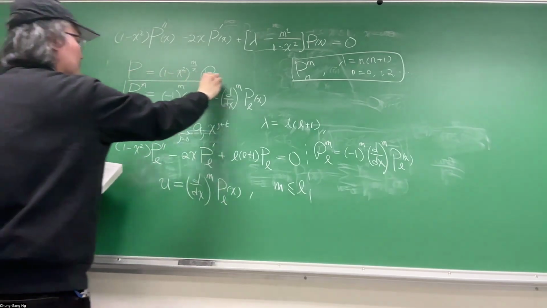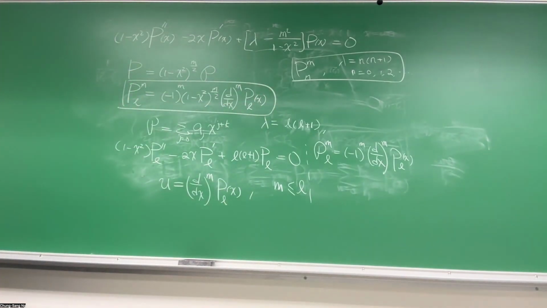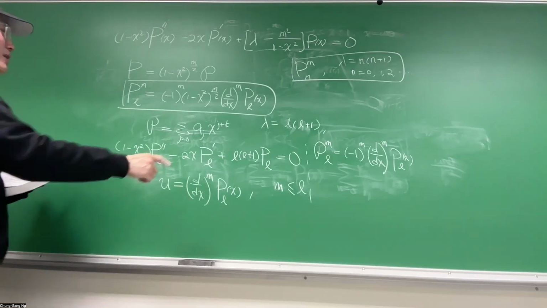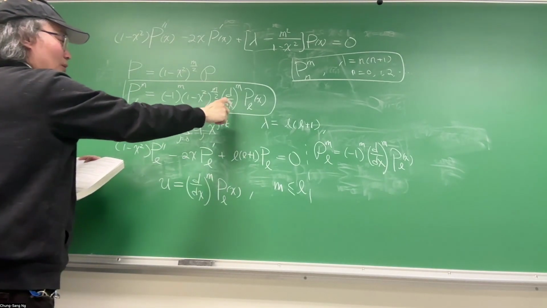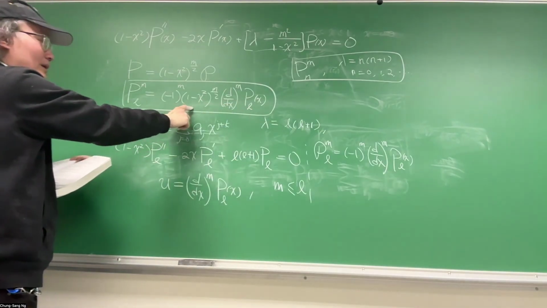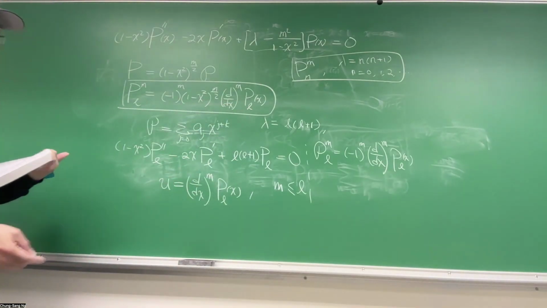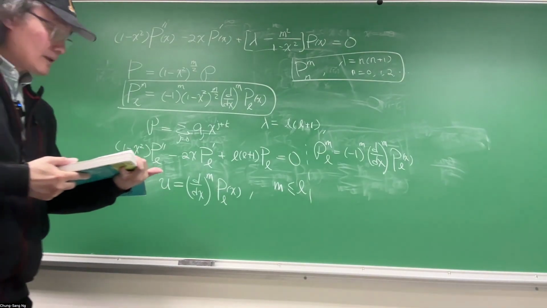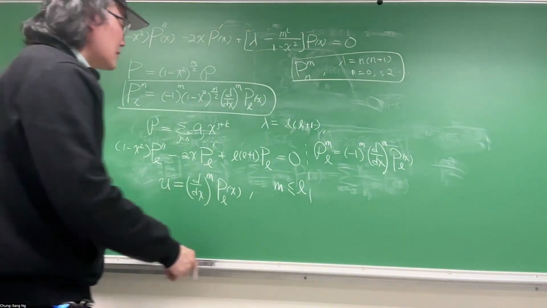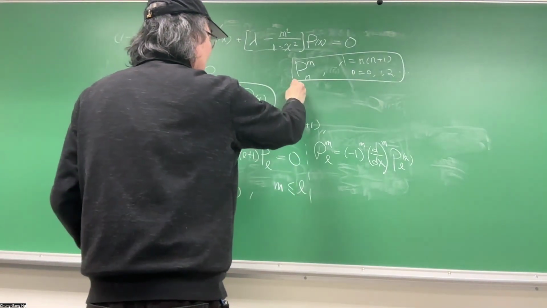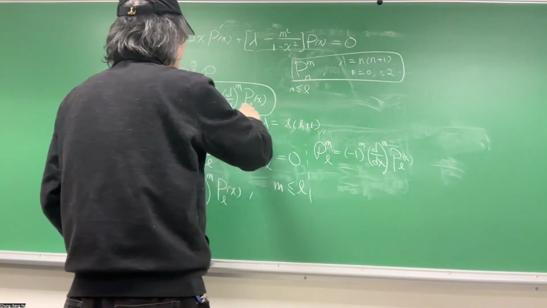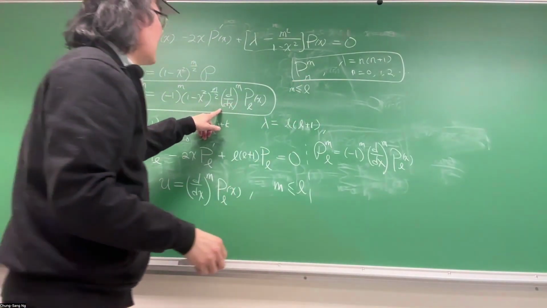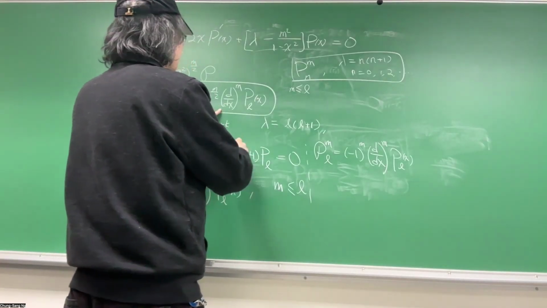So this is the associated Legendre function, because this is not a polynomial. After you multiply by this factor, it's no longer a polynomial. It's a polynomial for this part and then multiplied by another function. Okay. All right. So far it's required that m is less or equals to L. And up to here, m is still positive, right?